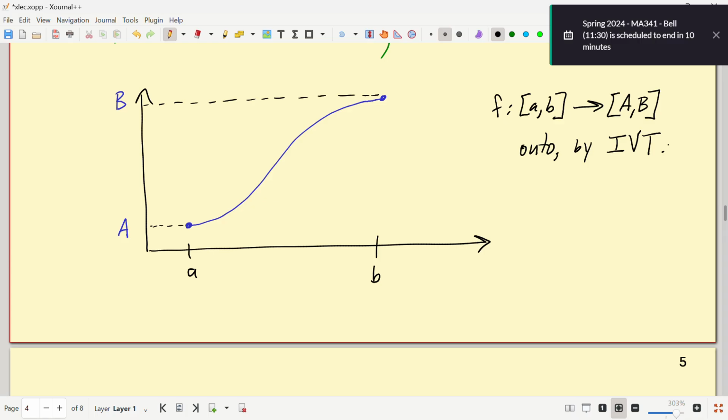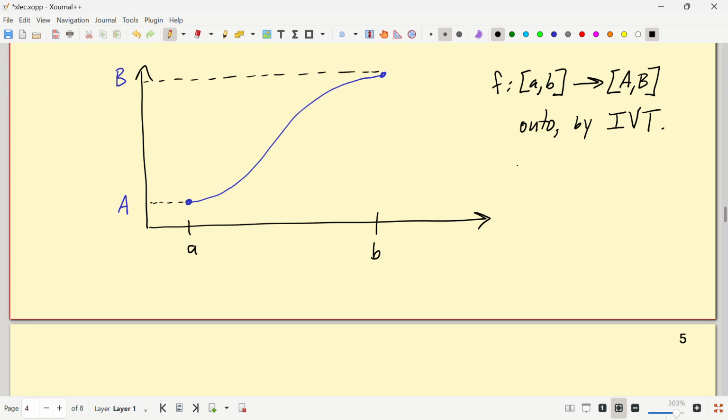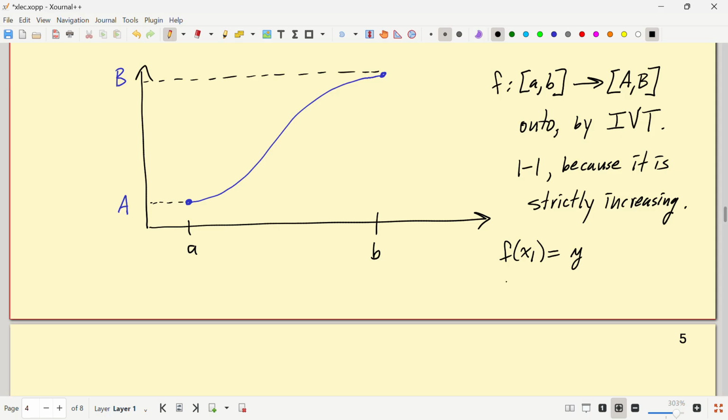Okay, and it's one-to-one because it's strictly increasing. Let's see, why is that? Let's say we have f of x1 equals y and f of x2 equals y.